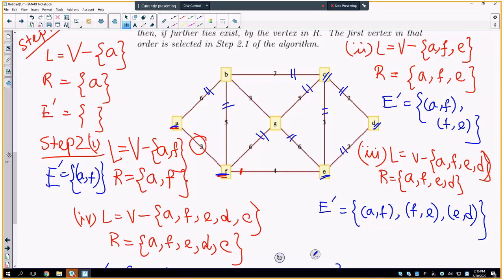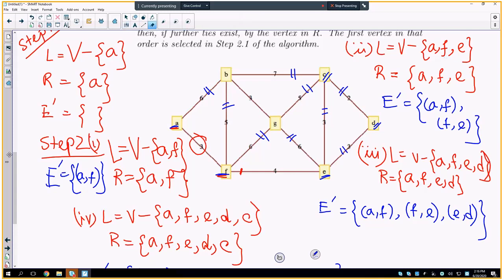The smallest number is 3. It's between E and C. I'm so sorry, E and C cannot be, because C is part of R.